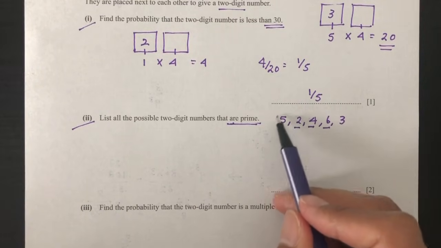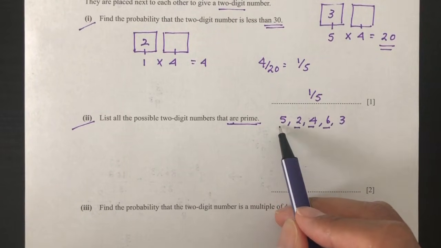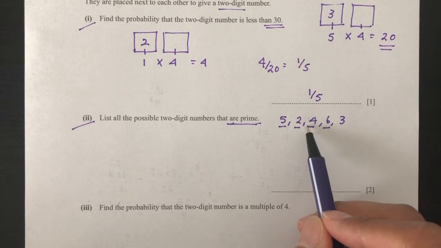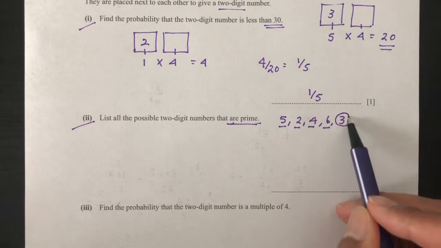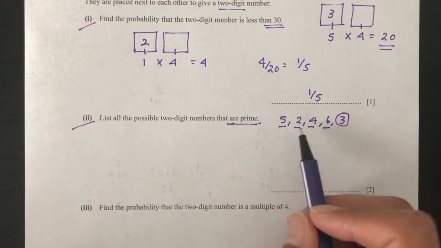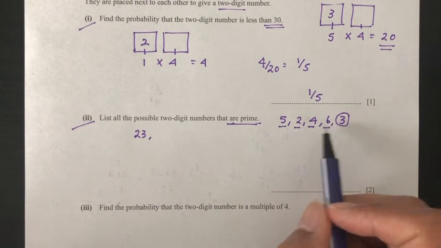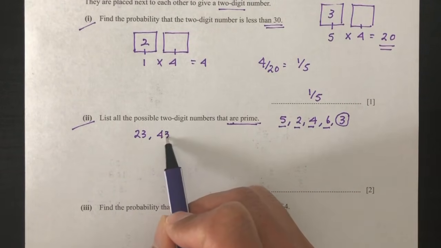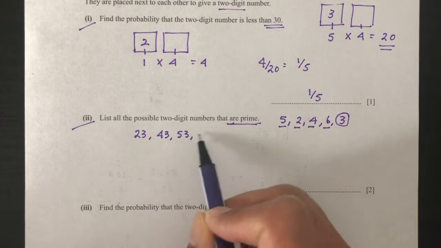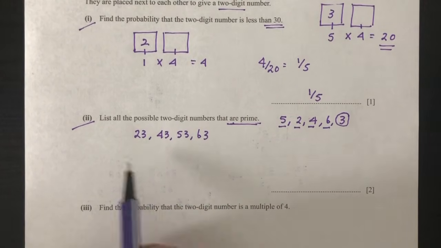If your number ends with 5, it is divisible by 5, so it cannot be prime. So the only option is if it ends with 3. So we have 23, 43, 53, and 63.